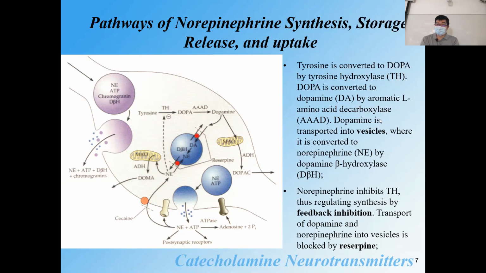And the dopamine is transported into the vesicle, and then in the norepinephrine neurons, it will be converted to norepinephrine by dopamine beta hydroxylase. Because norepinephrine can inhibit tyrosine hydroxylase, that's the reason dopamine and norepinephrine are transported into the vesicle. Okay, there are different drugs that act on here.